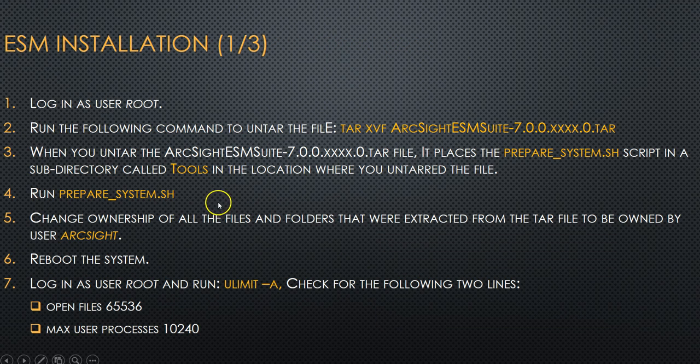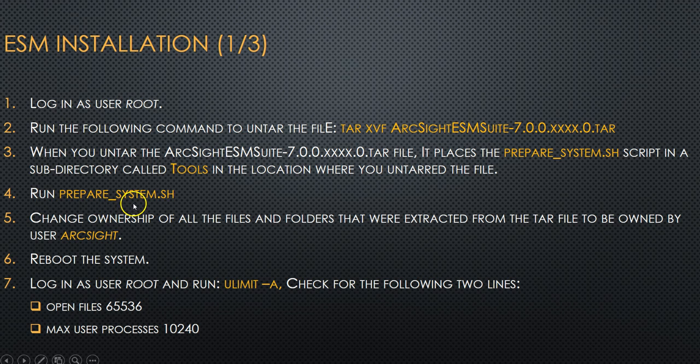Here we are doing the same step, but for the files extracted from the ESM suite. Then we reboot the system, mainly because this action is required for the changes done by prepare_system.sh.